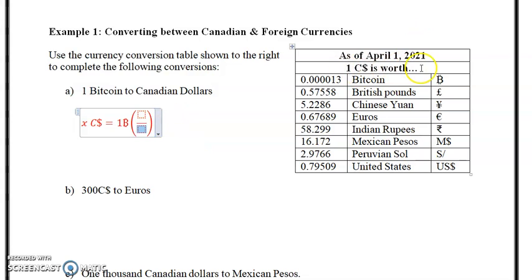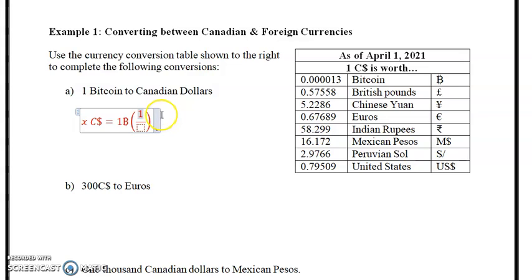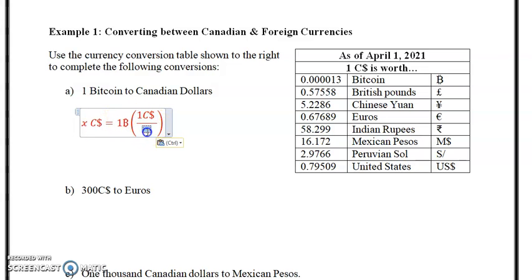So 1 Canadian dollar is worth 0.00013 Bitcoin. So 1 Canadian dollar is where we're going, and that's equal to 0.00013 Bitcoin.